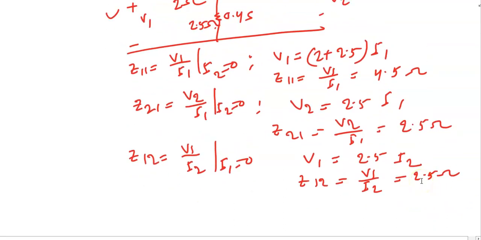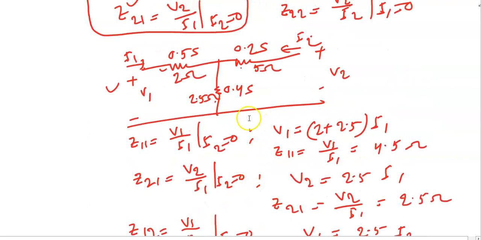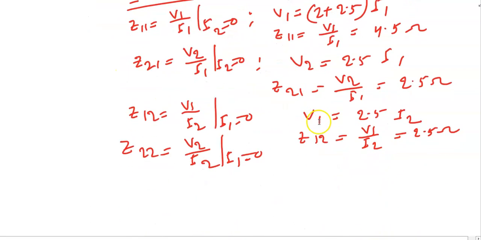And then come to G22, which is defined as V2 upon I2 when I1 equals 0. So clearly you see here that V2 equals the current flowing through the 5 ohm resistor and the same current flowing through the 2.5 ohm resistor, because this side is open, no current flows.